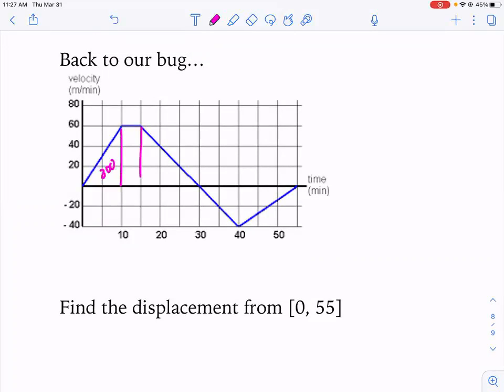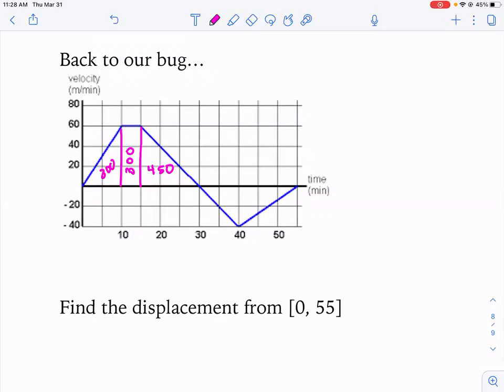How about this sliver right there? And how about the next triangle? We have 15 times 60 divided by 2, which is 450.